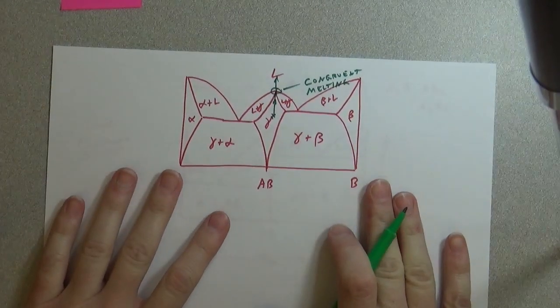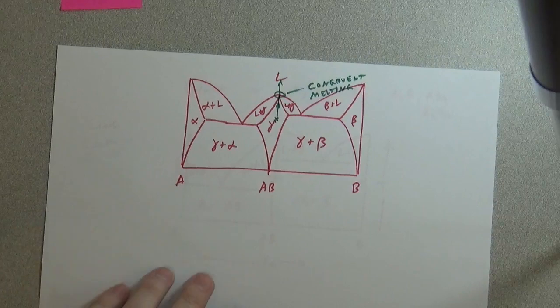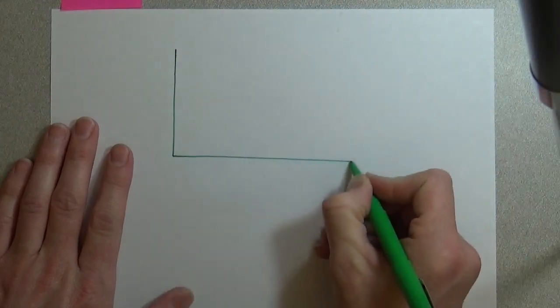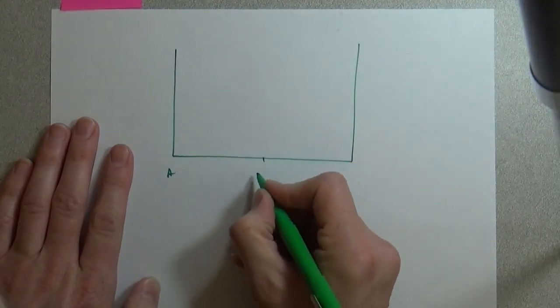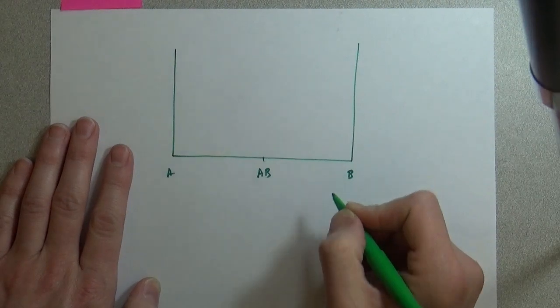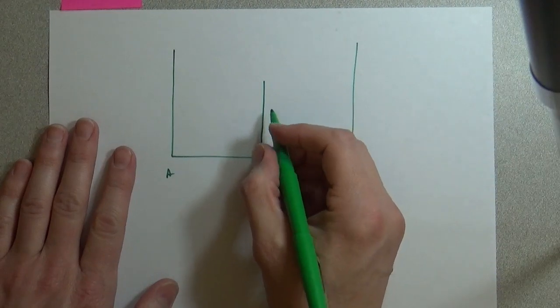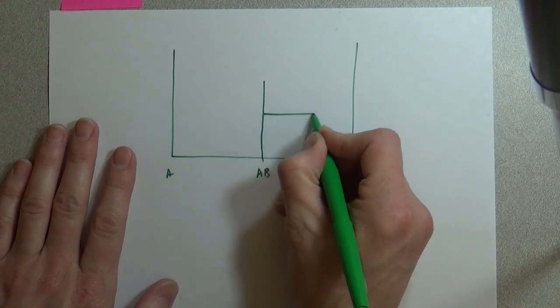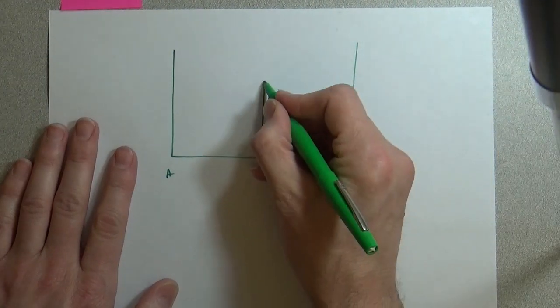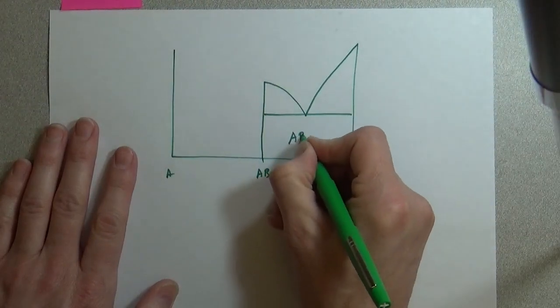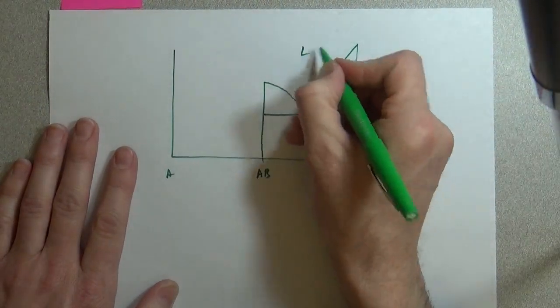So this is one thing you can do with an intermediate phase, but we can do other things as well. So let's look at A, B again. If you draw this up, we can have our line compounds again. So here we get AB plus B. Here's liquid.